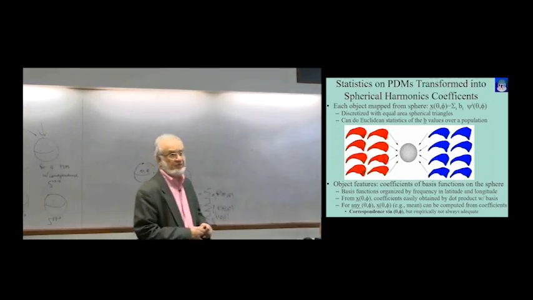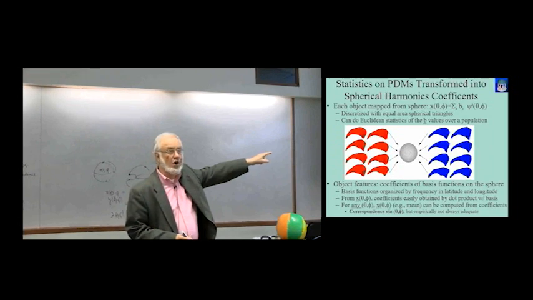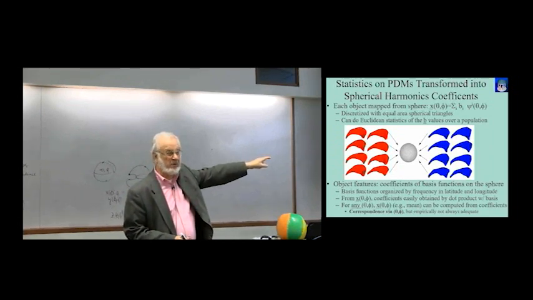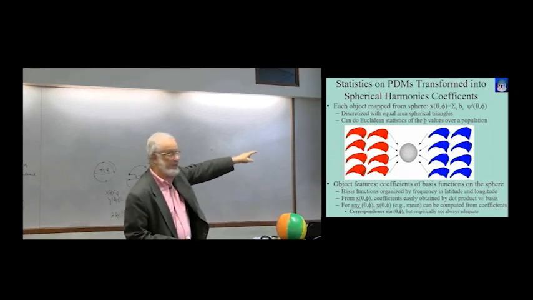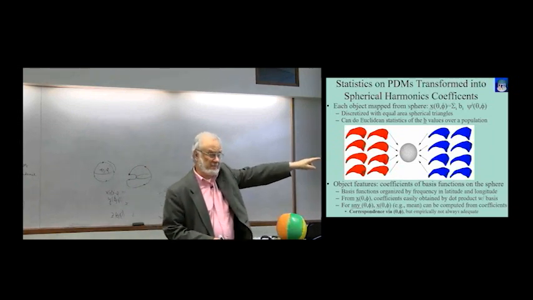We organize things so that we have known equally spaced points on the sphere, on the two-sphere. And we're mapping each one of the vertices on those to appropriate points on the object.